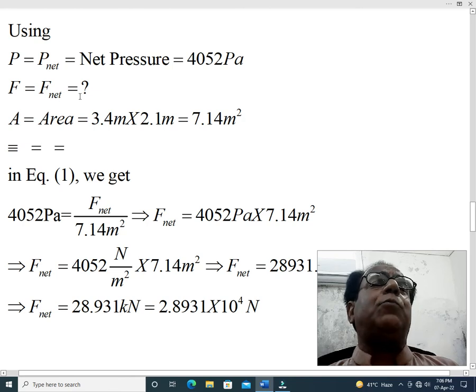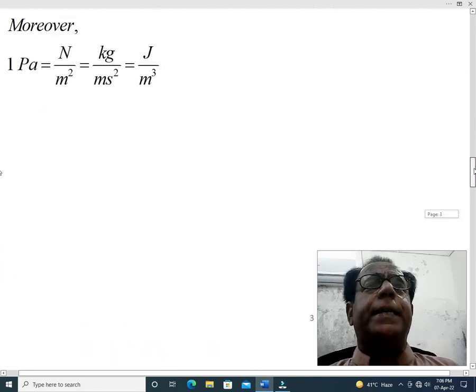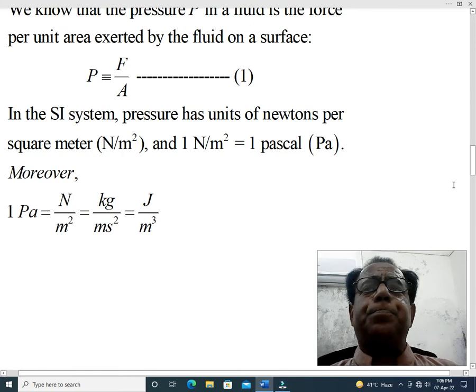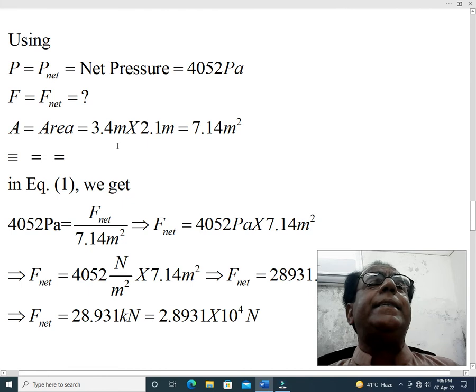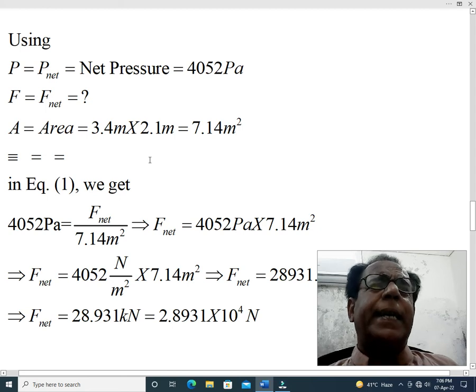We have to find out the net force. Moreover, area A in the denominator is equal to length into other dimension, length into height.